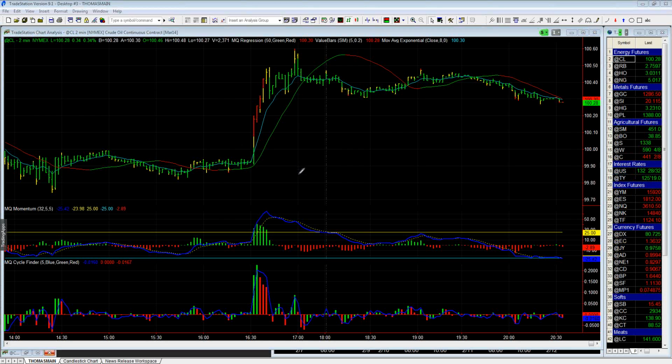One of them is using 2 or 5-minute charts. So you're using a 2 to a 5-minute chart, and you're trading divergences with momentum.